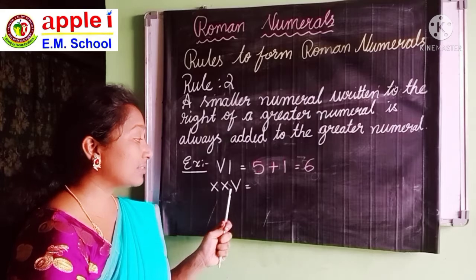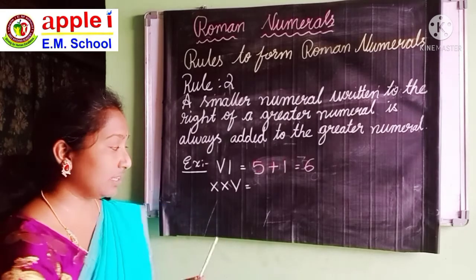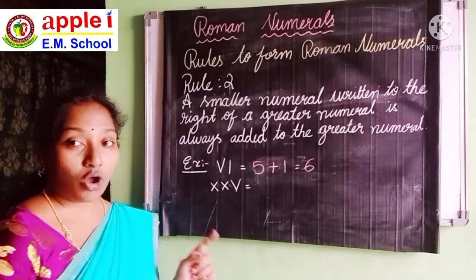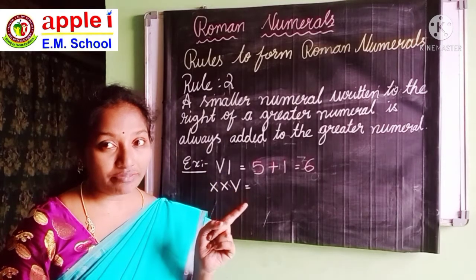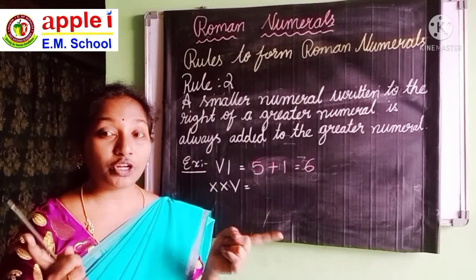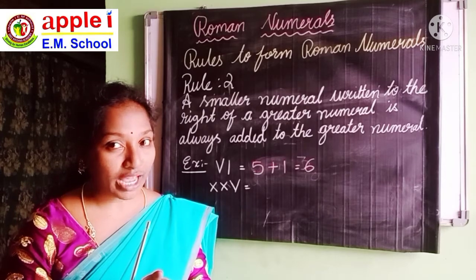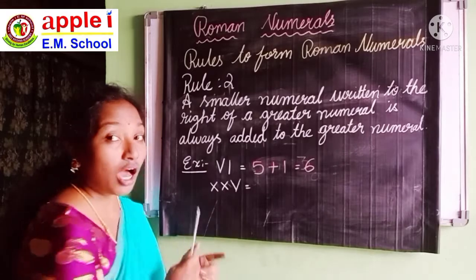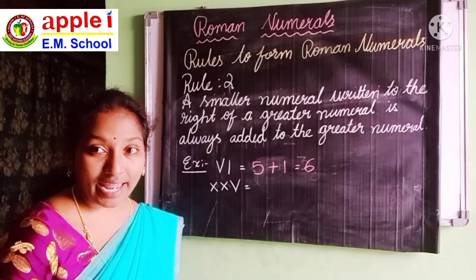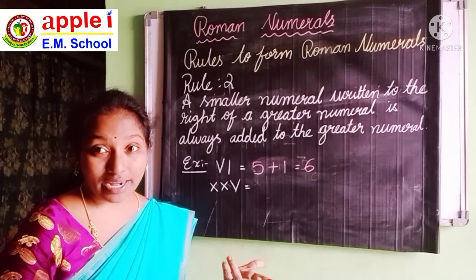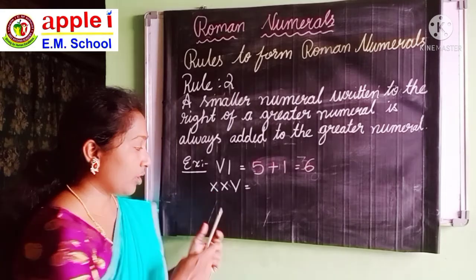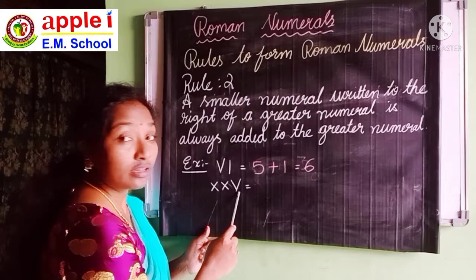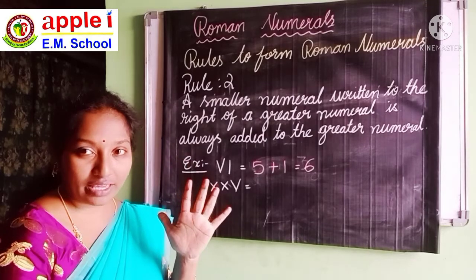XXV. X means 10. Already in the first rule we learned that when Roman numerals are repeated, we add. So X means 10, and 10 plus 10 is 20. Here we have the big one, and V means 5.